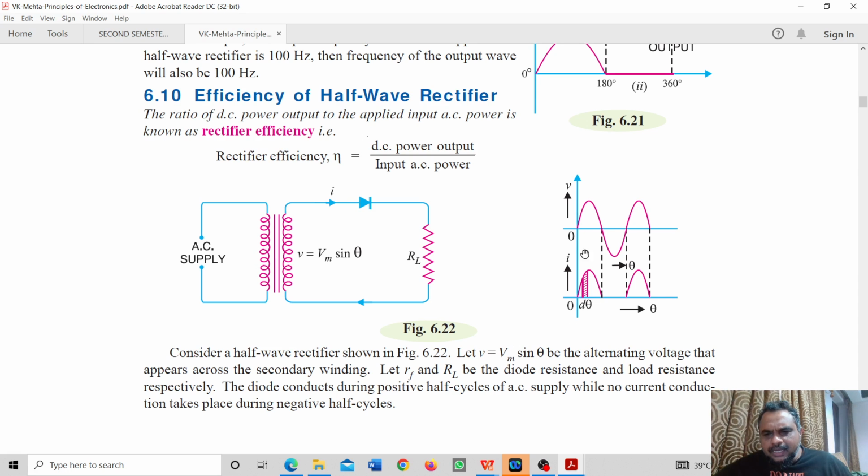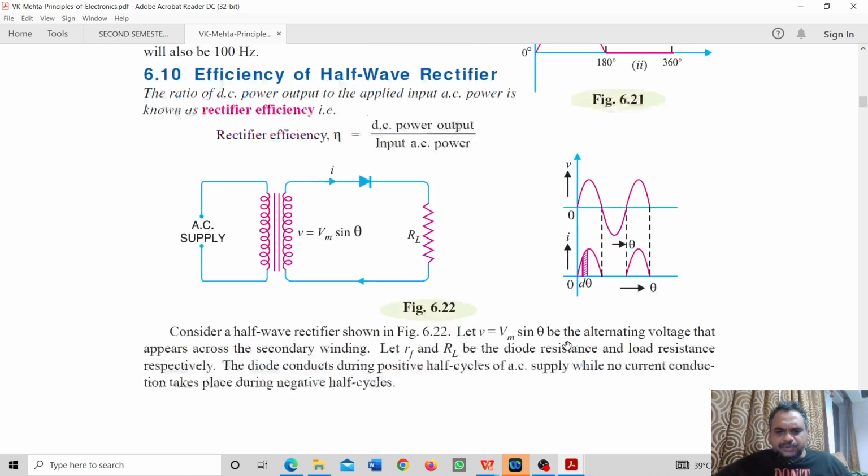You see here the input current is like this, where I have a continuous current or voltage throughout the full cycle, and in the output I am getting current only in the first half cycle, though the current will be somewhat lesser in amplitude than the voltage, because there is some resistance in the circuit.